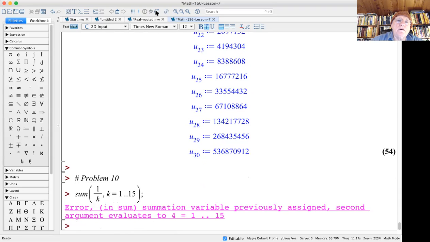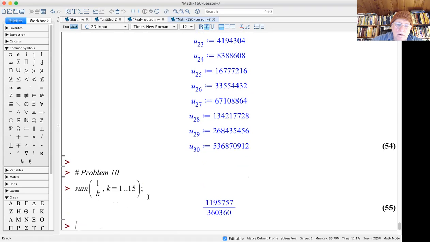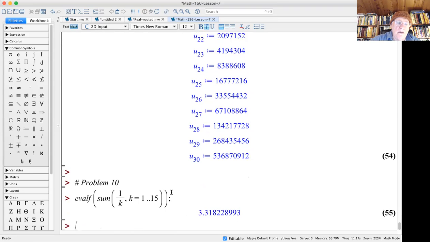Of course, I really want this as a decimal. So I go up to 15, it's about 3. If I go up to 100, it's 5. If I go up to 1,000, it's just 7. If I go up to 10,000, wow. If I go up to 30,000, it's bigger than 10.